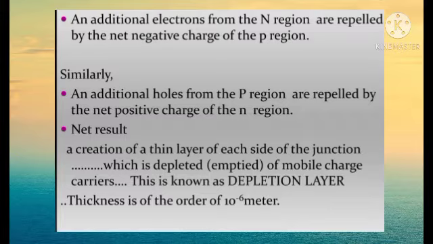The net result is the creation of a thin layer on each side of the junction which is depleted of mobile charge carriers. This region is known as depletion region or the depletion layer. The thickness of depletion region is of the order of 10 raised to minus 6 meter.